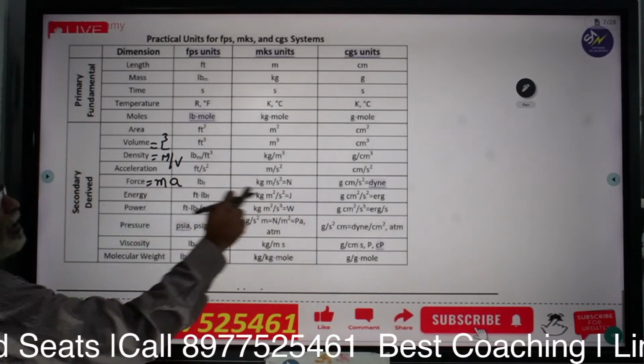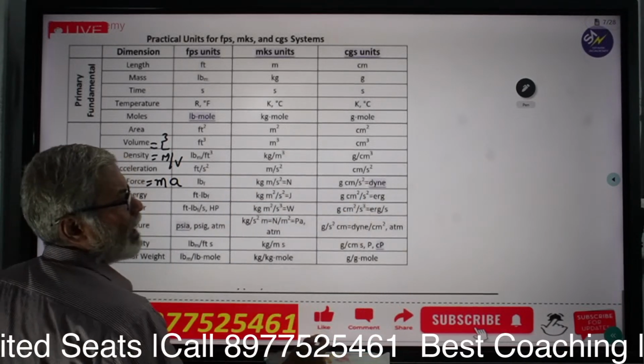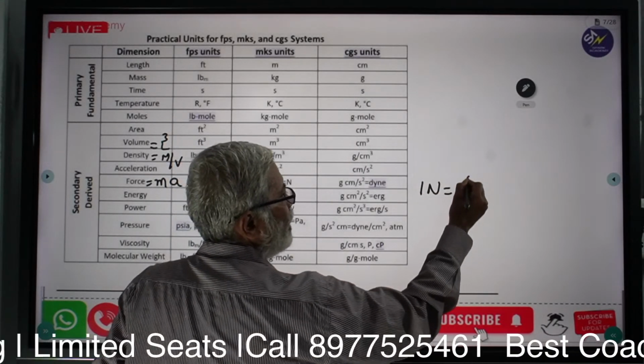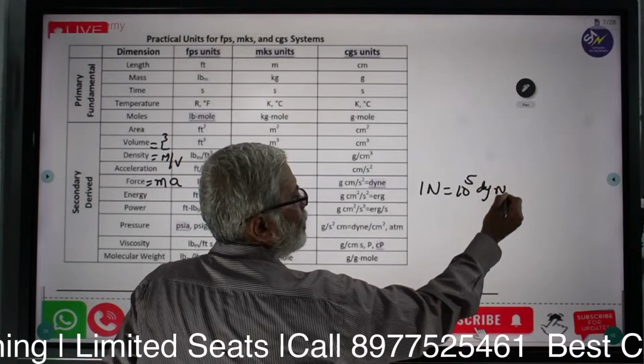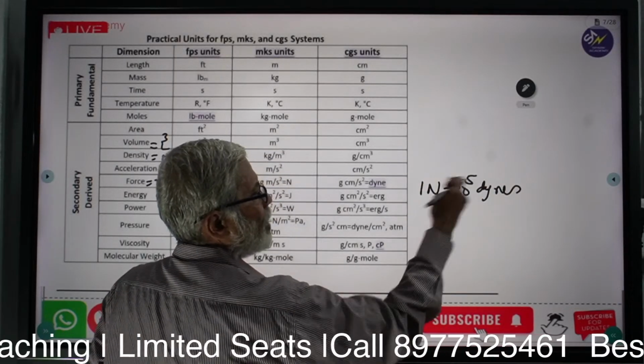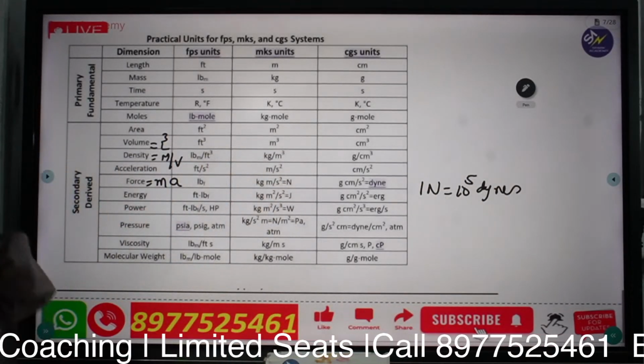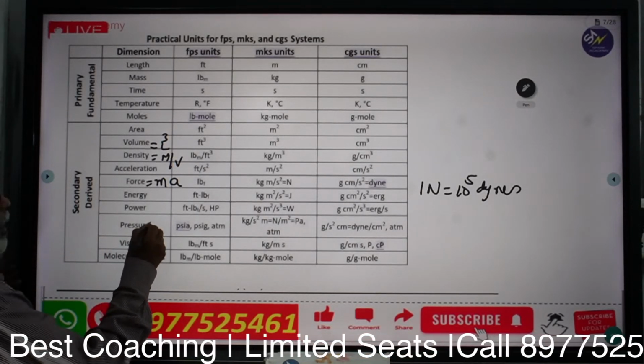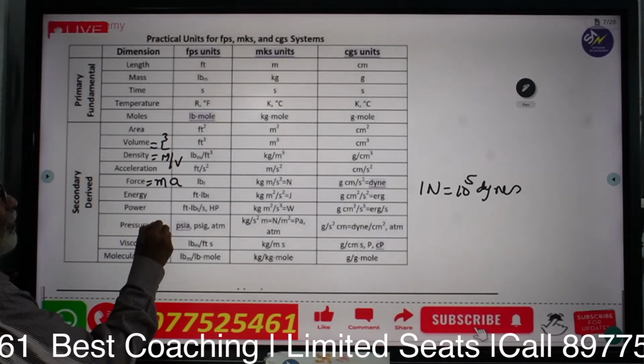MKS unit of force is Newton. CGS unit of force is dyne. 1 Newton is equal to 10 to the power of 5 dynes. This is also one conversion, CGS to MKS, MKS to CGS. Similarly, pressure. Pressure is nothing but force per unit area.